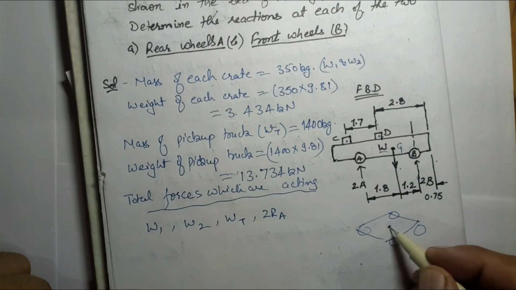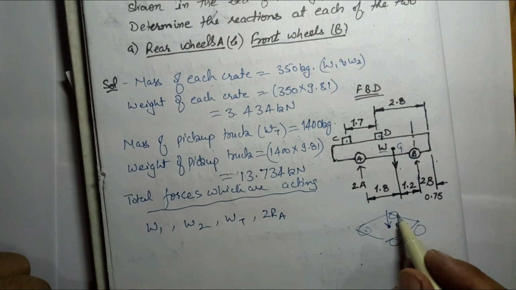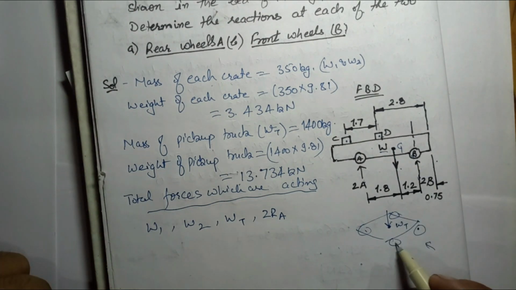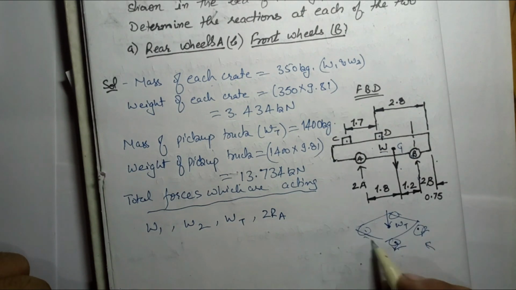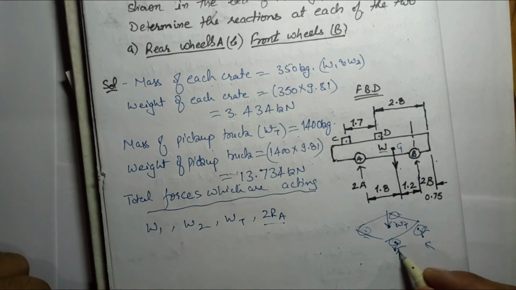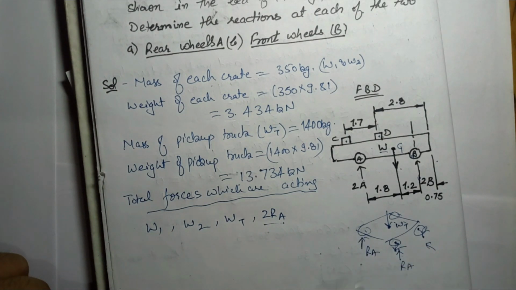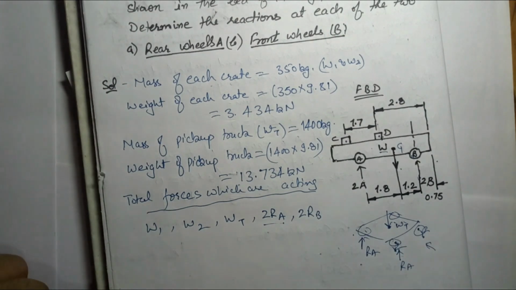The weight of the truck will get distributed in four tires. In this view, you can see only two tires. This is the rear tire and this is the front tire, but in actual there are two rear tires and two front tires. So that is why we are taking 2RA. Means this is RA and this is also RA, two rear tires, so this is 2RA. Same we can say this is 2RB, right?